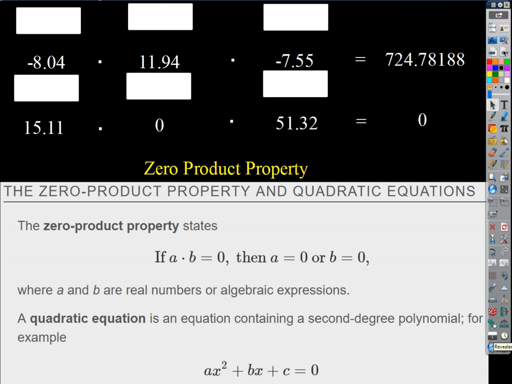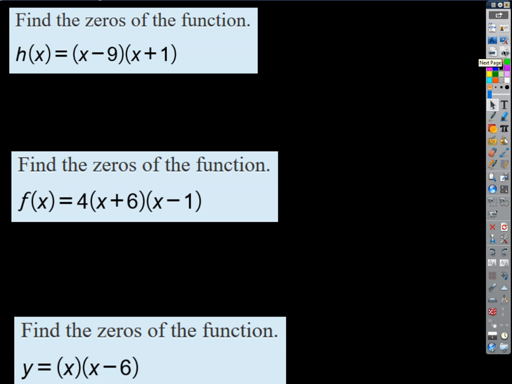So what about a function like this one? If we've written this quadratic function already separated into a product of factors, and I multiply this one out, just real quick, what would I get?